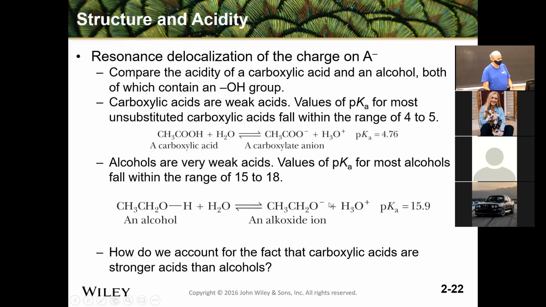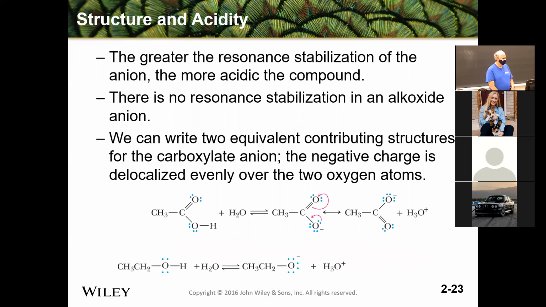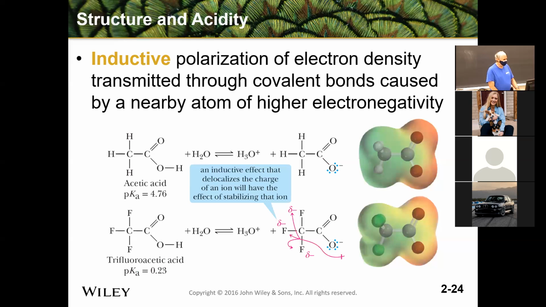It's fixed on the oxygen. That's where it has to stay. And so there is a difference in pKa values of roughly 11. So acetic acid is 10 to the 11th times, 100 billion times, more acidic than ethanol. This shows the resonance stabilization of the acetate ion.